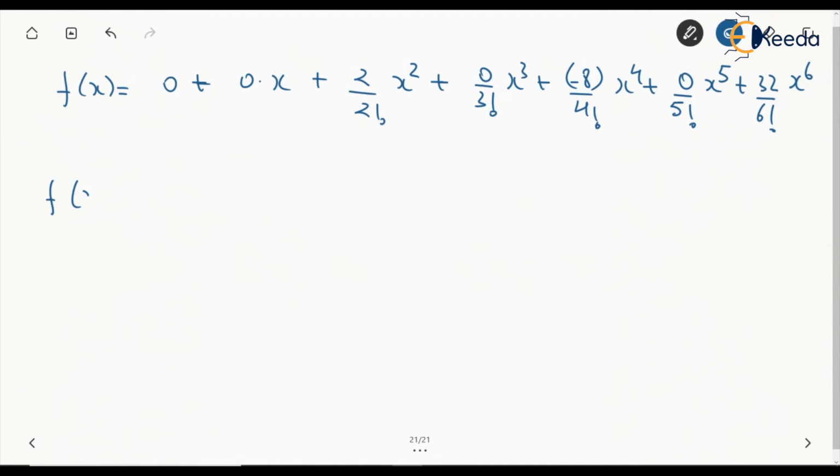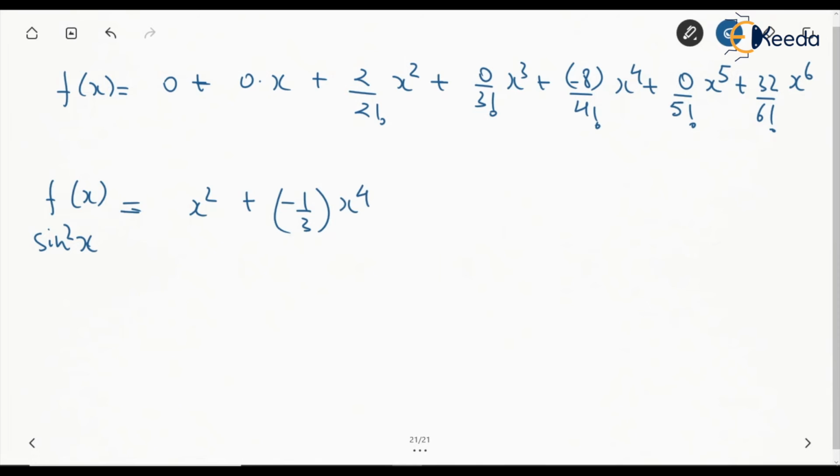This overall gives f of x, that is sine square x, is equal to, leaving the 0 terms, x square because it is 2 by 2 factorial, then x to the power 4, which is minus 8 by 4 factorial. So 4 and 2 will be gone, so it will be minus 1 by 3. So I can write minus 1 by 3 x to the power of 4.